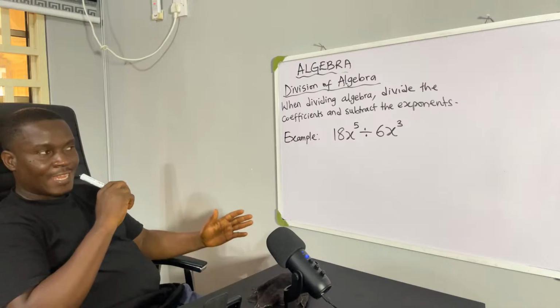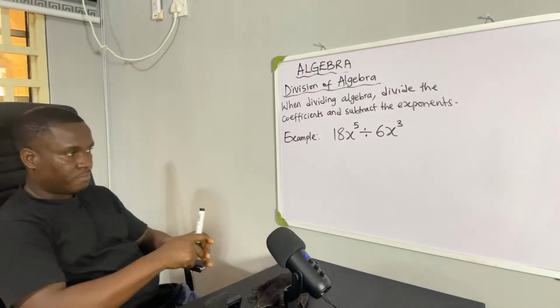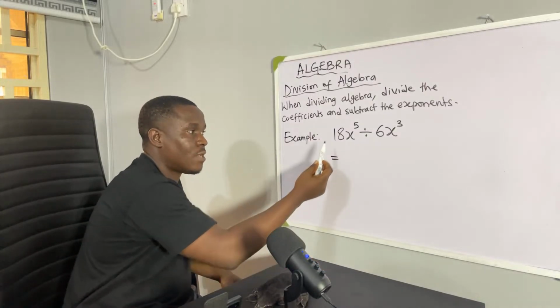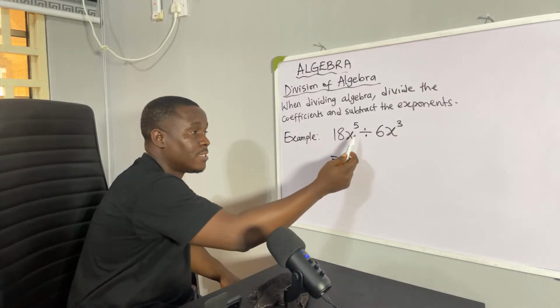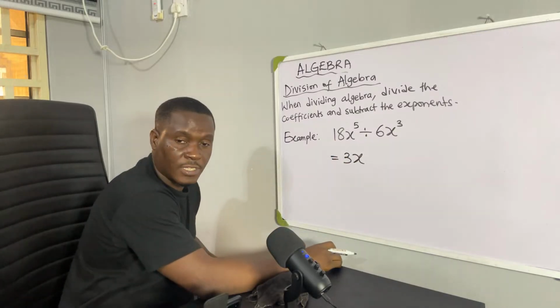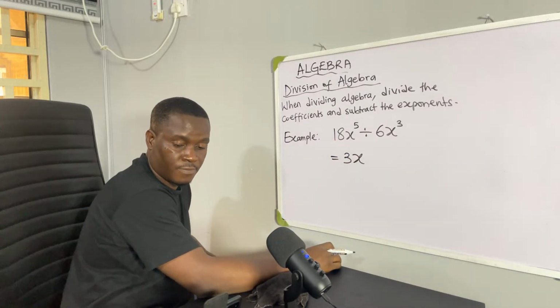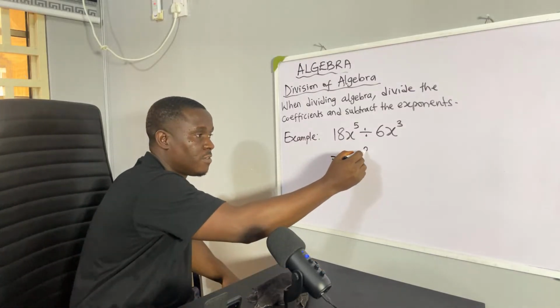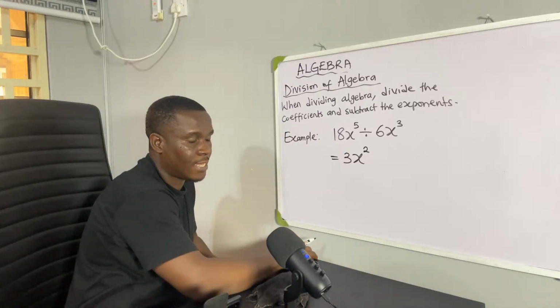The coefficients are 18 and 6. What do we do to them? We divide. 18 divided by 6 gives you 3x. The exponents are 5 and 3. We subtract 3 from 5, so it gives us 2. And that's the answer.